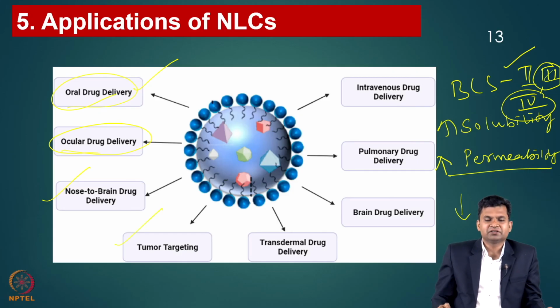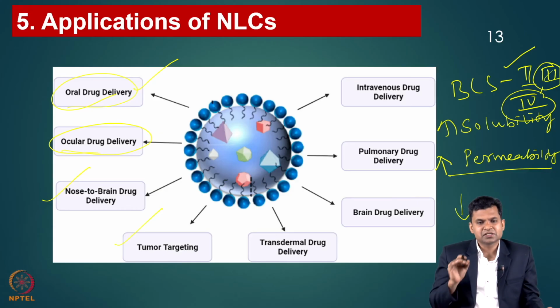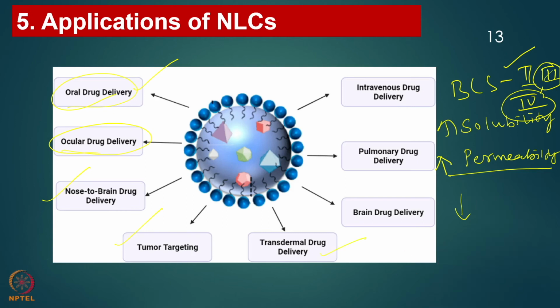You can encapsulate your anti-cancer molecules, label them with the required ligands, and give it as a parenteral formulation that will reach the target. With this, transdermal delivery can also enhance penetration through the skin. And brain delivery we have already discussed. With this we can also give an oral delivery that will improve the bioavailability of your drugs.